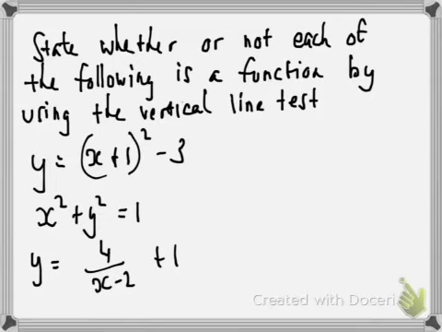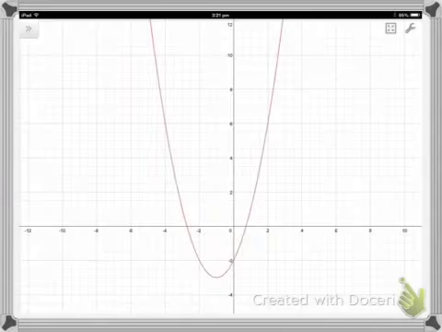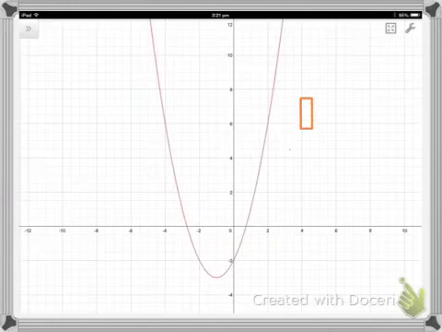State whether or not each of the following is a function by using the vertical line test. Let's start here with y equals (x plus 1) squared minus 3, this one here. There's the graph of it.